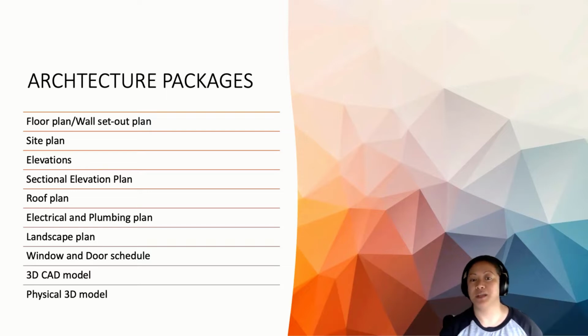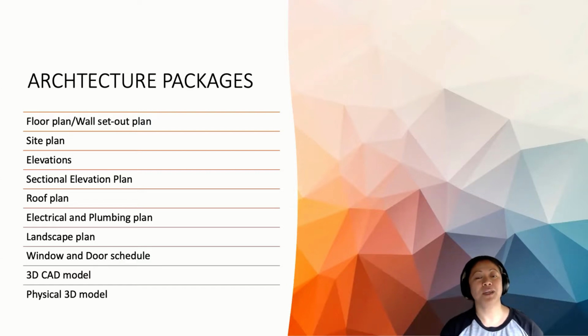There's also site plans, elevations, sectional elevation plans, which might be a little bit new to us, roof plans, which again might be new to us, electrical and plumbing plans, landscape plans, window and door schedules, which is a list of windows and doors and their sizes that go into the building itself, and a 3D CAD model.